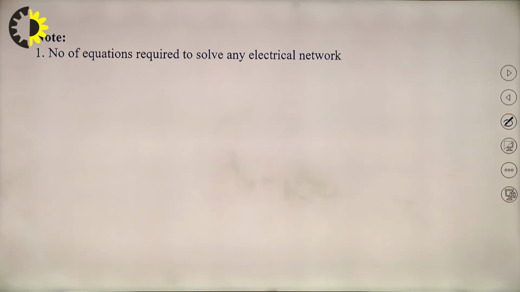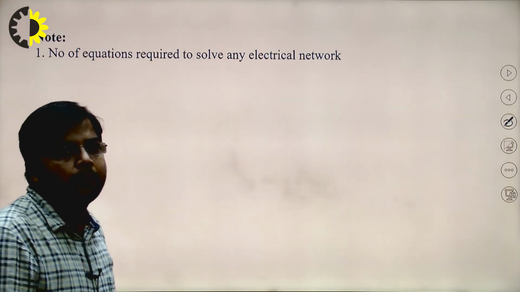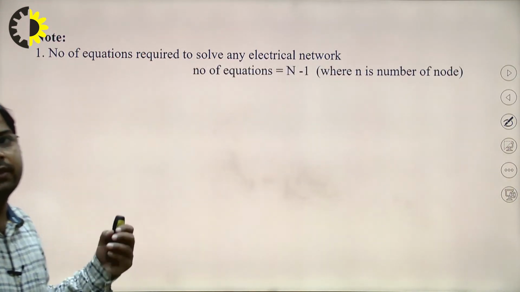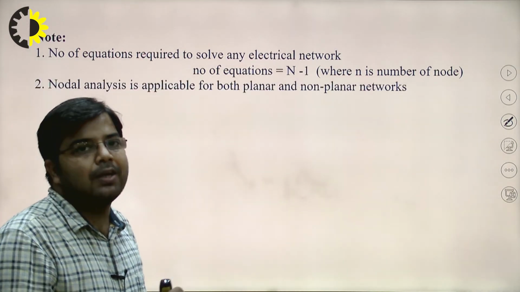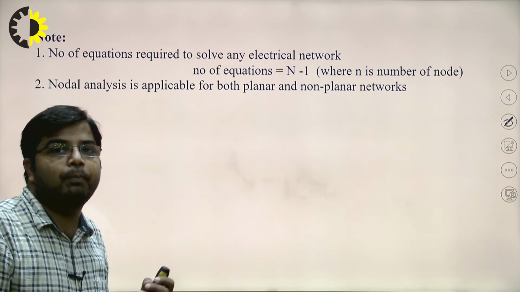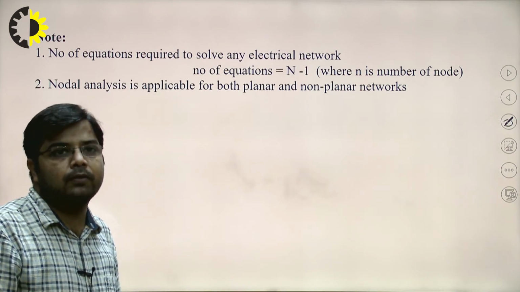First, see some important points. The number of equations required to solve any network is n minus 1, where n is the total number of nodes in the given network. Then, this nodal analysis is applicable for both planar and non-planar networks.